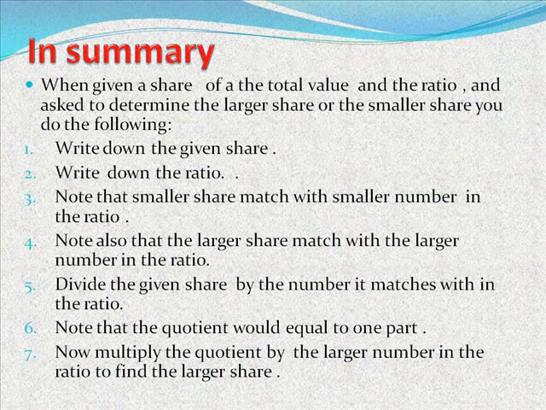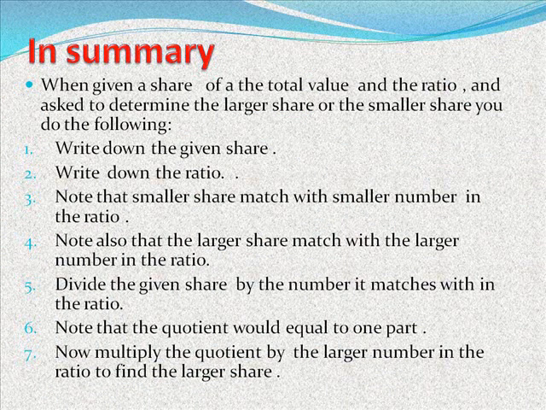In summary, when given a share of a total value and the ratio, and asked to determine the larger share or the smaller share, you do the following. Number 1. Write down the given share. Number 2. Write down the ratio. Number 3. Note that the smaller share matches with the smaller number in the ratio.